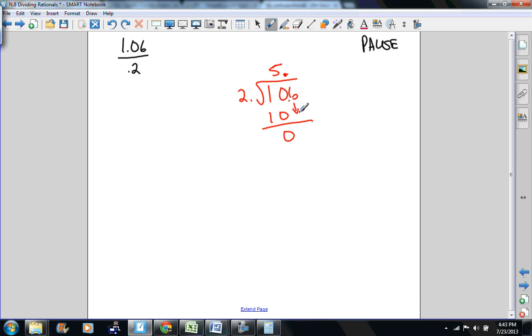And we bring down our 6. 2 can go into 6 3 times, so our answer is 5.3. And our answer should be positive because it's a positive divided by a positive. And that's it.